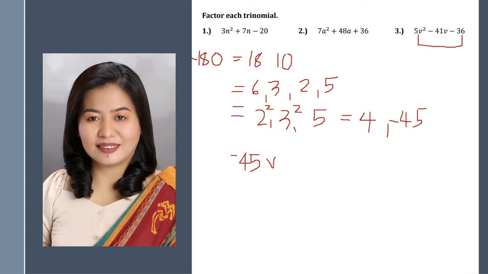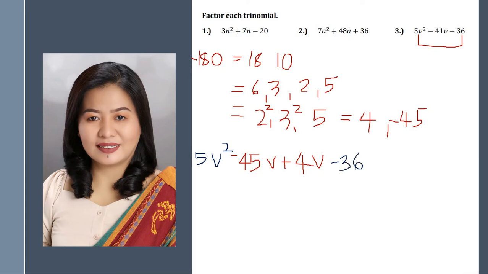So for negative 45v plus 4v, that will give us 5v squared minus 36.